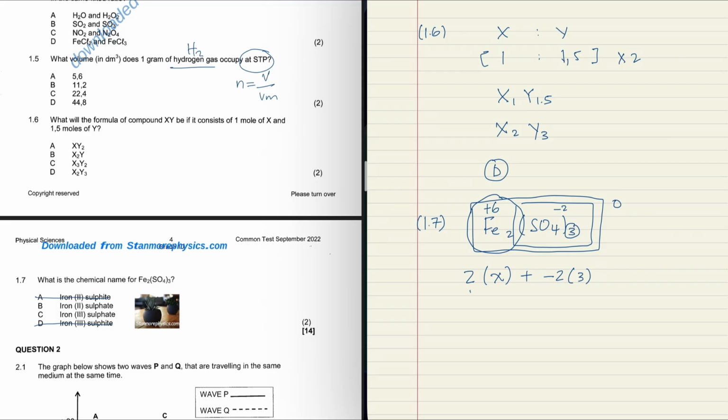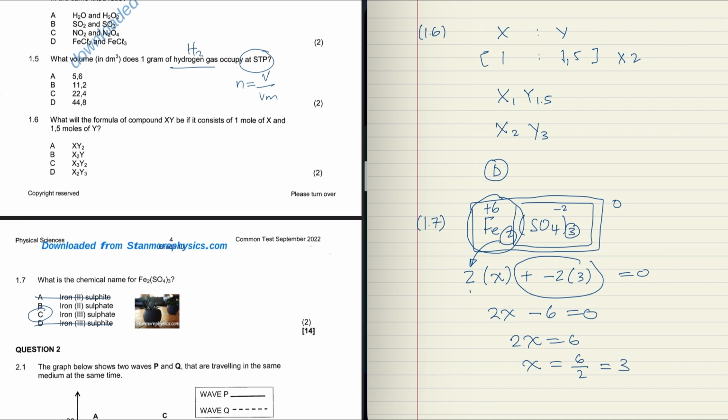So 2 multiplied by the charge of Fe, plus negative 2 times 3. That's going to equal 0 because it's neutral. So we can simplify: 2x minus 6 is equal to 0, 2x is equal to 6, x is equal to 6 divided by 2, which is 3. So the answer here is iron 3 sulfate. The answer is C.